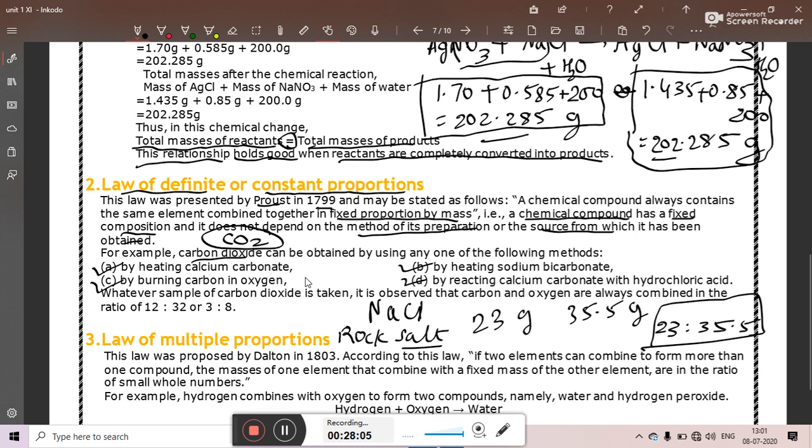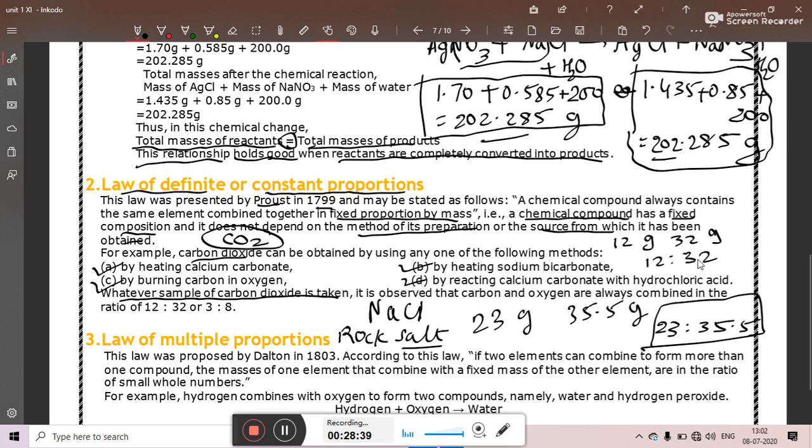Now from whatever source the sample of carbon dioxide is obtained, it is observed that the ratio of carbon and oxygen is always fixed. For example, here 1 carbon is there, and the atomic mass of carbon is 12 gram, and 2 oxygens are there. For 1 oxygen the mass is 16 gram, so the total mass of 2 oxygens is 32 gram. So the ratio of carbon and oxygen is 12:32.